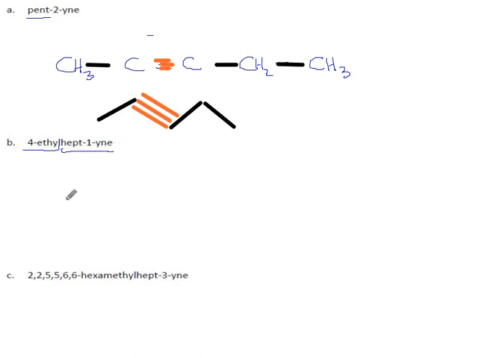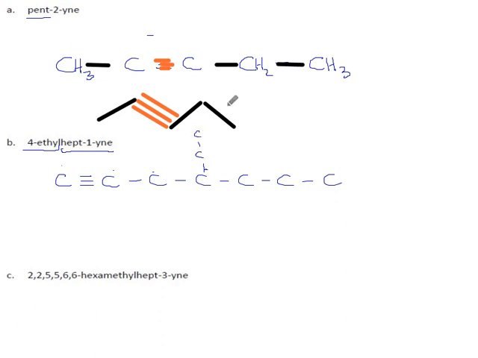Hept-1-yne. Hept means 7. 1, 2, 3, 4, 5, 6, 7. On the very first carbon is our triple. There we go. On the fourth carbon, 1, 2, 3, 4, we have an ethyl group, which means 2 more carbons.